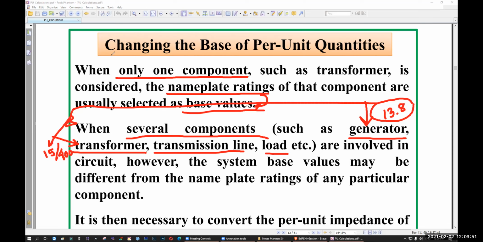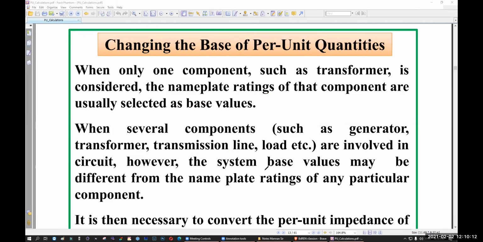Then you have to change the base of per unit quantities. For the transformer you have to change the base, because 15 is not your base; 13.8 is your base. You got my point, right? What I am trying to say here.